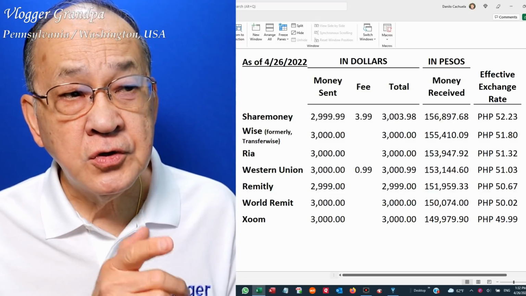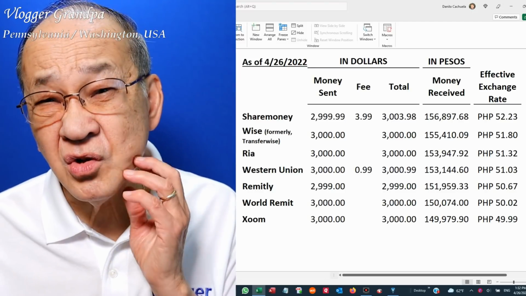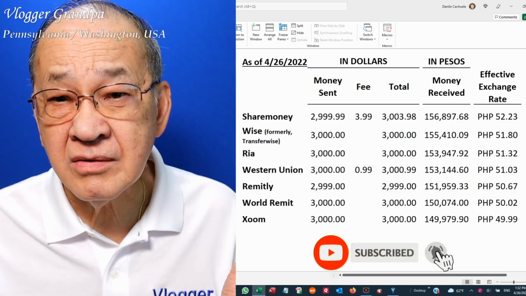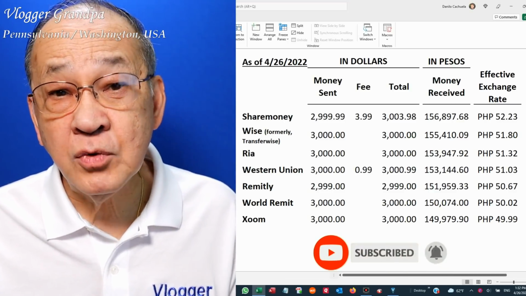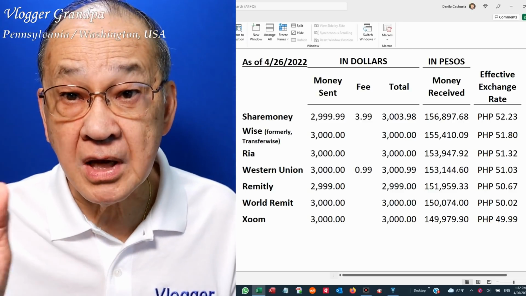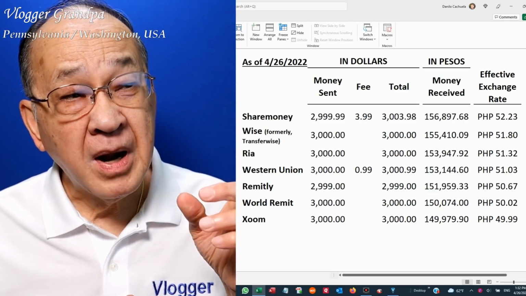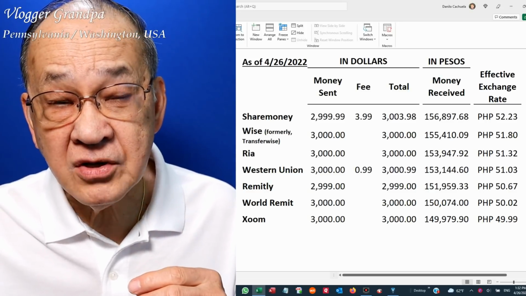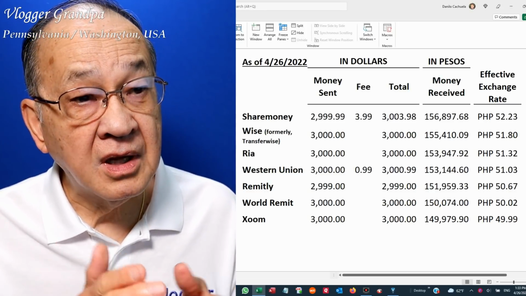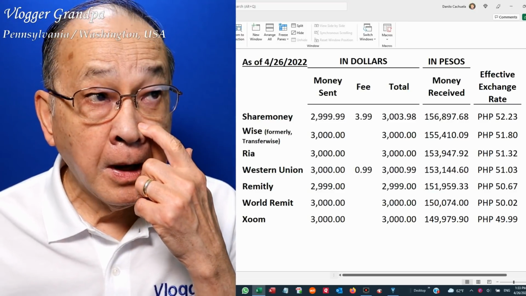But Xoom, I like for transferring dollars because I think the fee is only $4 up to a certain amount, let's say $3,000, $4 charge, and they don't play with the rate because there's nothing to play. You send 3,000, you receive 3,000 in the Philippines, assuming you have a US dollar account there. But in sending pesos, that's when they have an opportunity to play with the exchange rate, and look, they're at the lowest, they're at the bottom. 49.99 is the exchange rate.